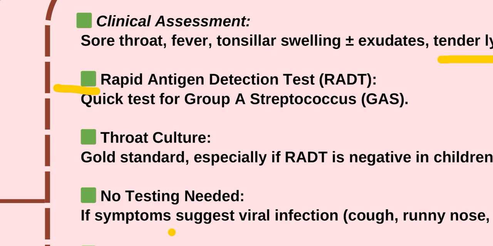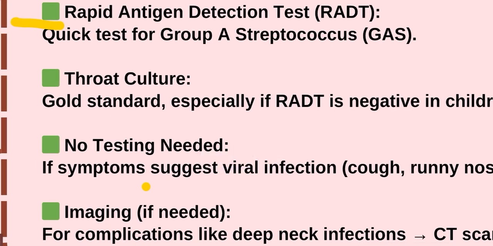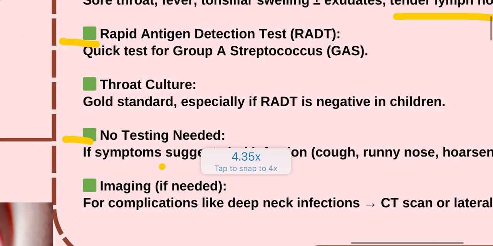The other test, which is considered the gold standard, is done especially if the symptoms are highly suggestive of bacterial tonsillitis but the quick test is negative. In other cases, we don't need any further tests and rely only on clinical examination, especially if the symptoms suggest a viral cause, such as the presence of cough, rhinorrhea, and low-grade fever.